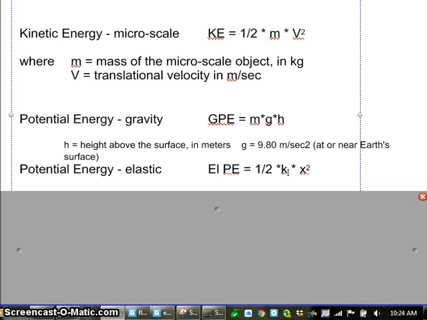A high value of k will mean that the spring is quite springy, and you'll store a lot of energy in the spring by compressing it by a centimeter or so. A low value of k means that not much energy will be stored.